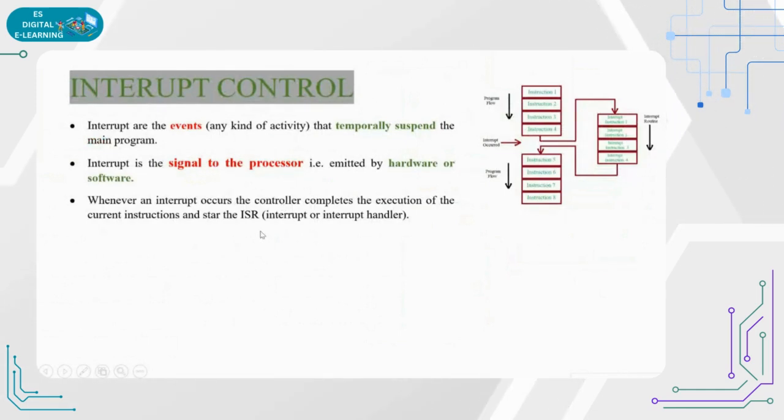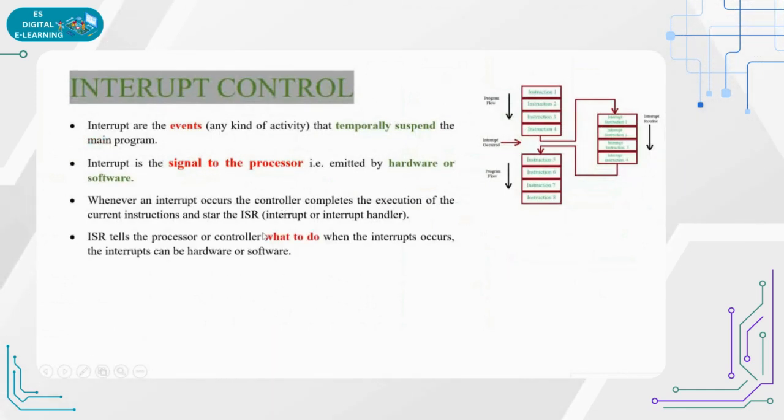The ISR tells the processor what to do when the interrupt occurs and how to come out of it, whether for software or hardware. That will be decided by the ISR.